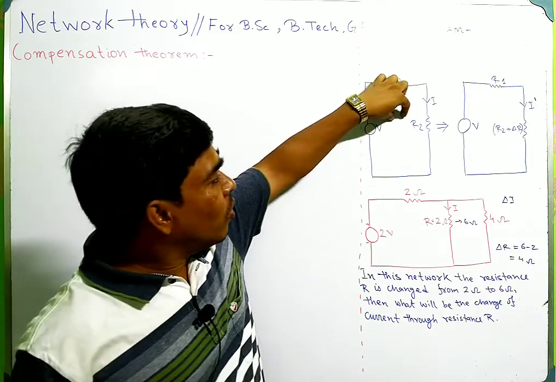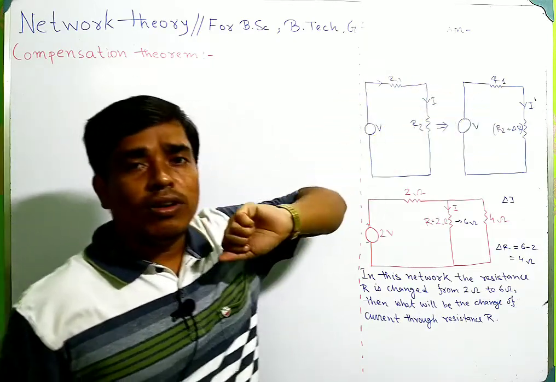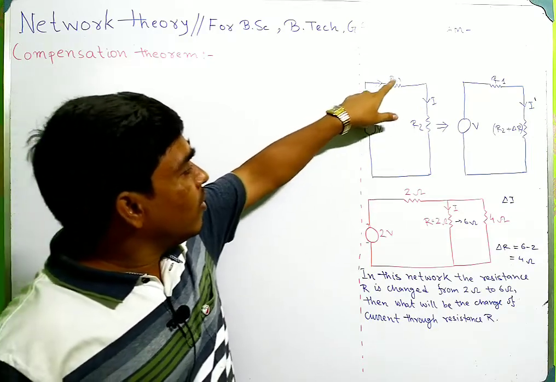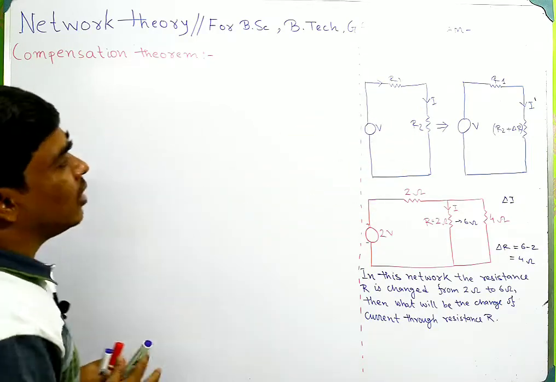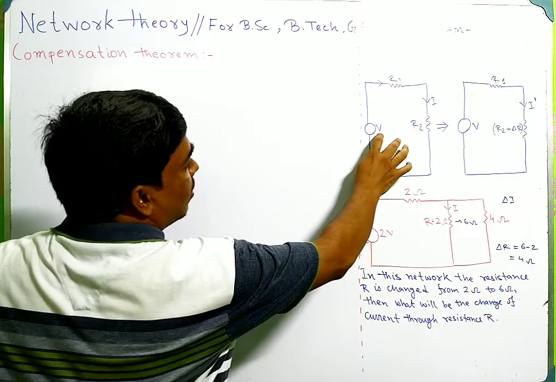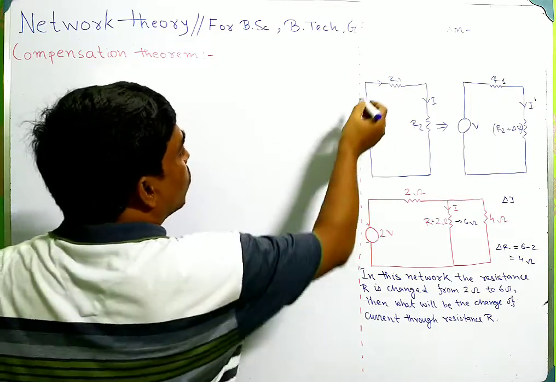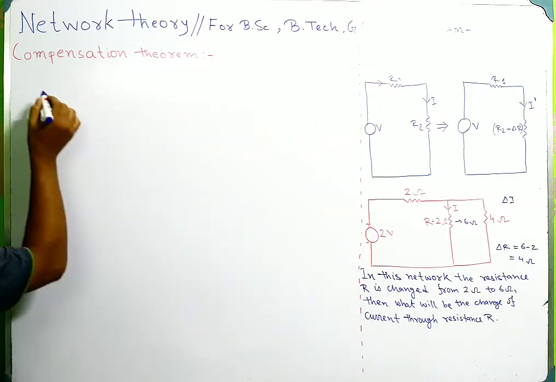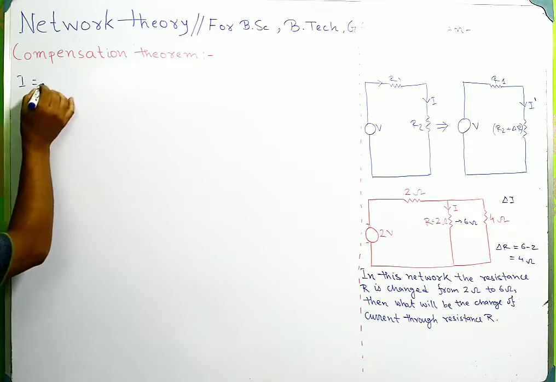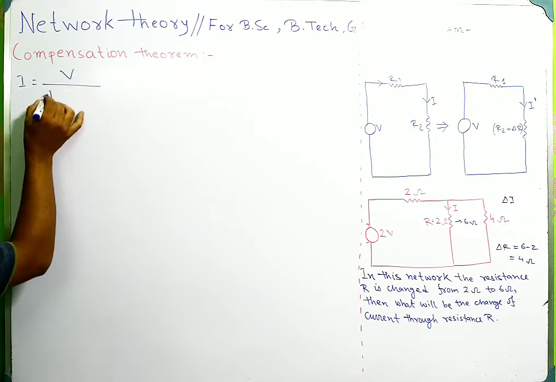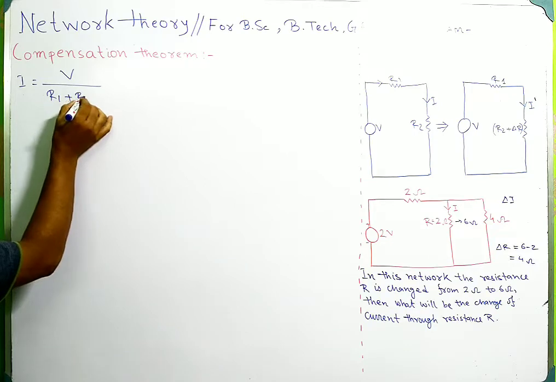Here we draw two networks. This simple network contains two resistances and one voltage source. From this network we can say I is given by V divided by R1 plus R2.